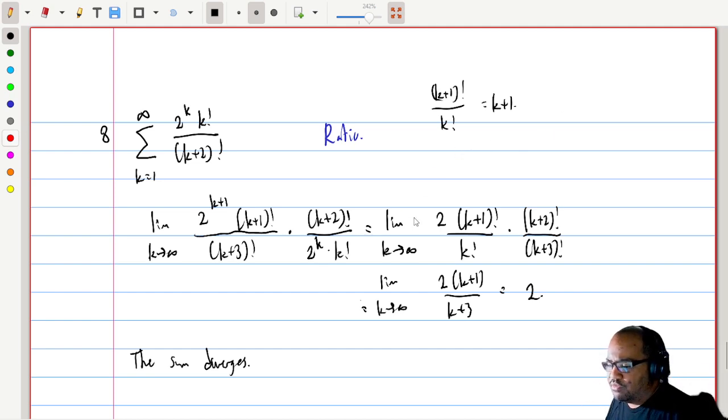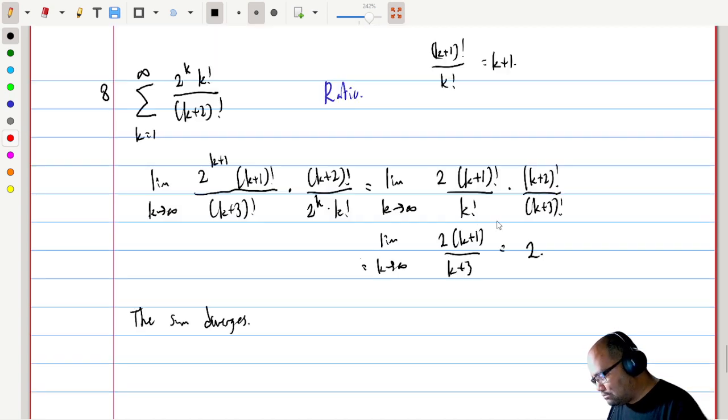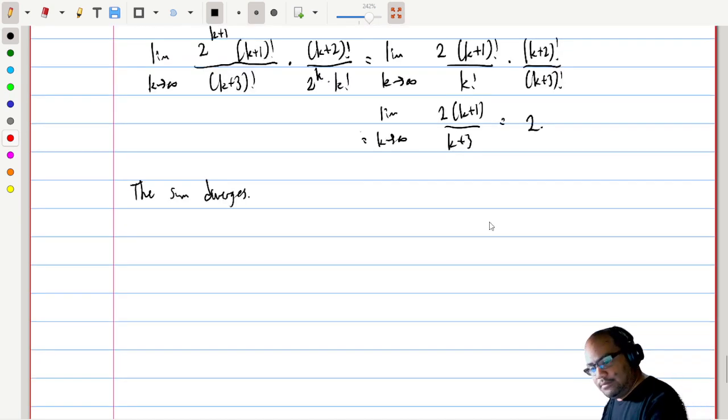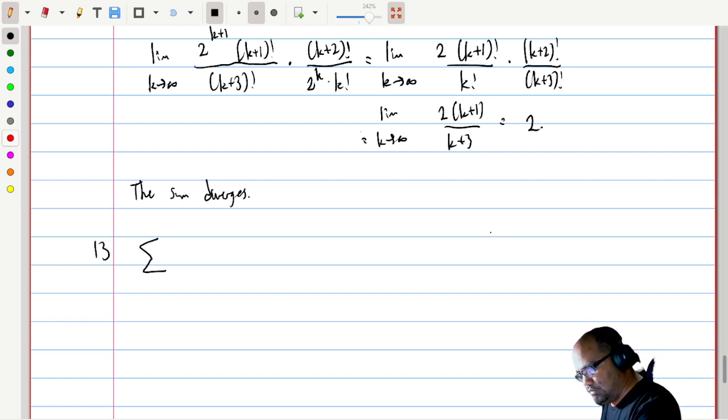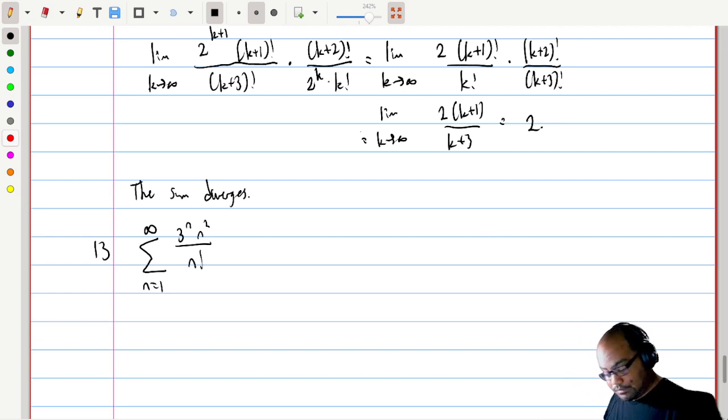So yeah, I want to do another one with factorials just so that we can all see how this works out. And that's 13. Okay.